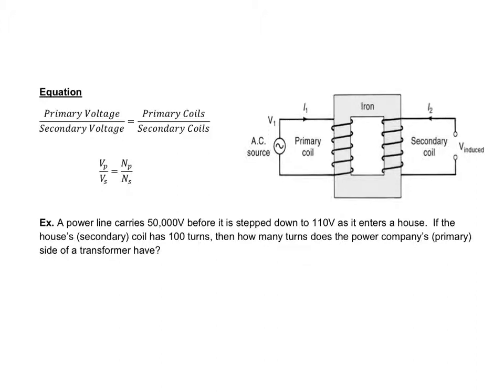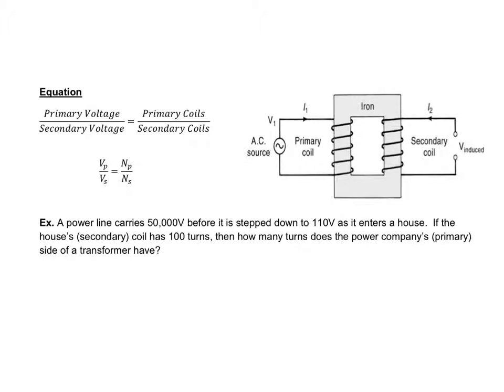Example here, and again it's related to a transformer. Here's my problem, my equation up here at the top, and the situation says a power line carries 50,000 volts before it's stepped down to 110 volts as it enters a house. If the house's secondary coil has 100 turns, how many turns does the power company's primary side of the transformer have?